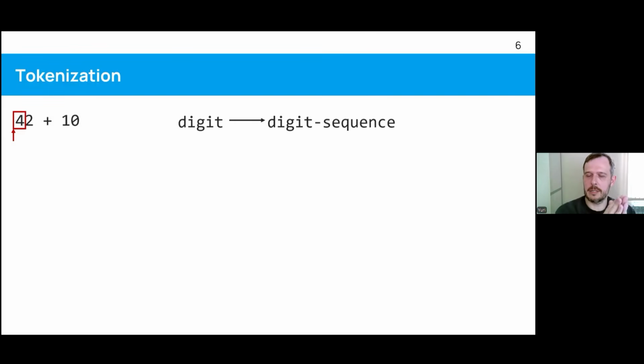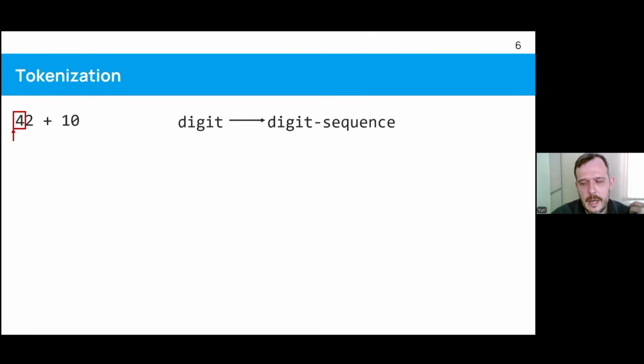Of course, it will skip white space characters first, but we'll take a look at that. It will decide based on the first character where it should go next. In our case, digit sequence, numbers basically.